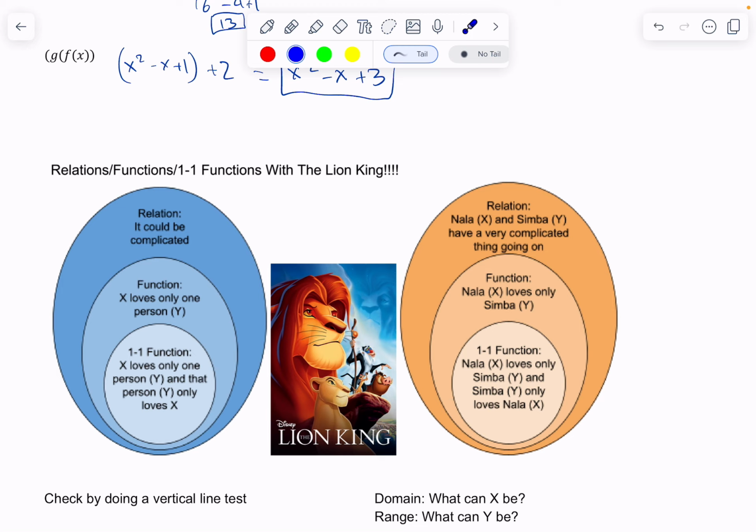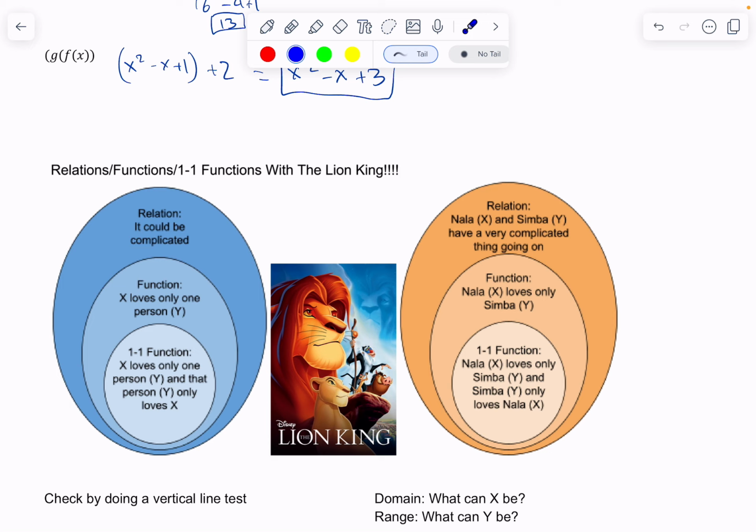In terms of the Lion King, in the big sense, just imagine that Nala and Simba had a very open relationship. Nala had her friends, Simba had his friends. It's complicated. I don't want to go into detail.